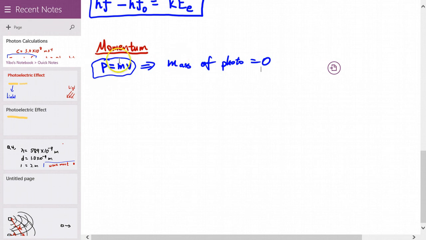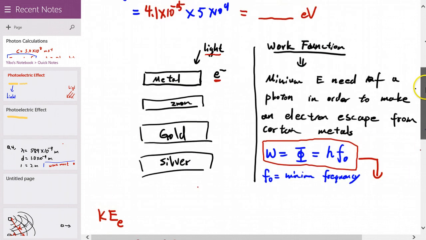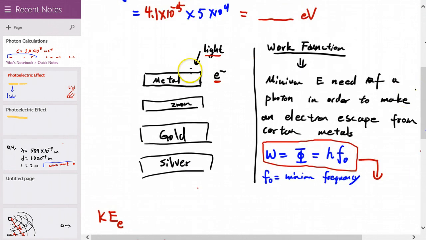This equation just does not work with the momentum of a photon. But if the photon doesn't have any momentum, the photoelectric effect wouldn't happen. It's not a particle. So in order to make a photon behave like a particle, it must have a momentum.